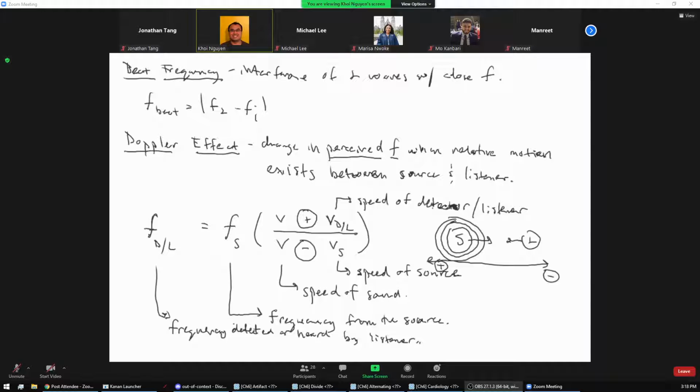Cool. So then what happens if we change this? So now the source is moving this way and the listener's moving this way. What happens to the signage inside of our equation? Is the speed of the listener or detector positive or negative?